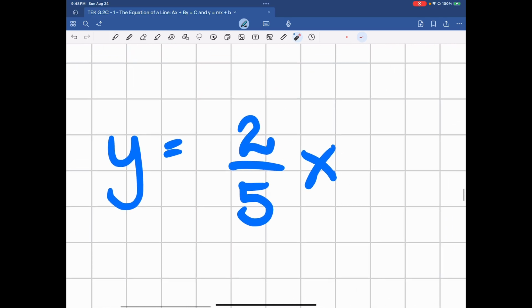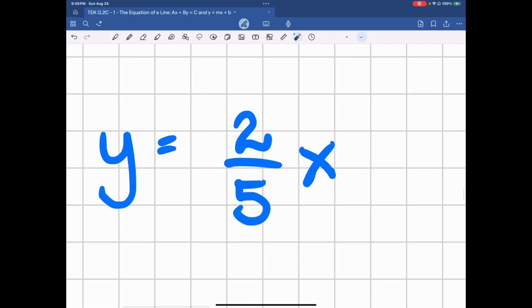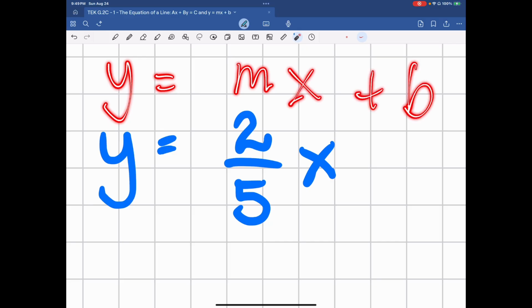Let's take a look at this. y equals 2/5 x. So what we're going to do is write y equals mx plus b.